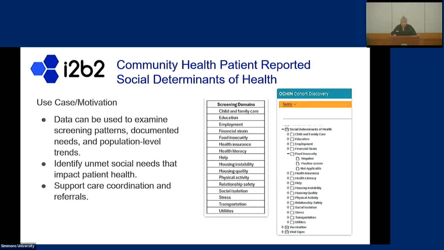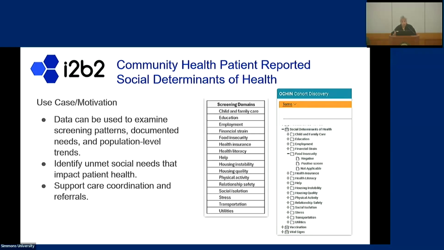The reason why they did the bucket system, so basically they evaluate the survey data and put it in the buckets, is so that they can use these buckets to determine what patient needs are at a population level, and then be able to identify individual patients that have unmet social needs that are impacting their health.